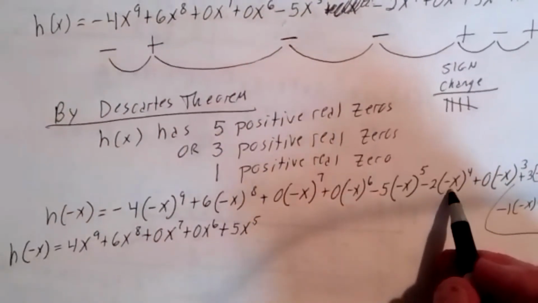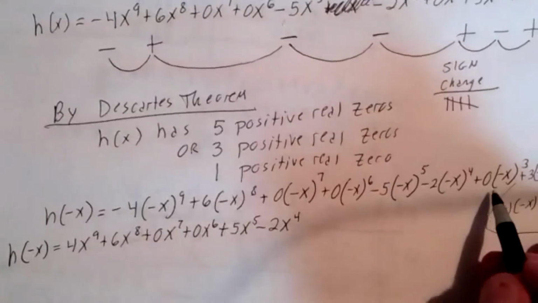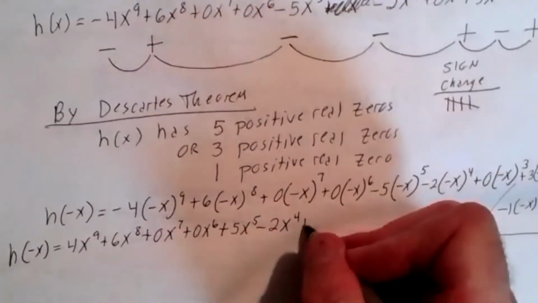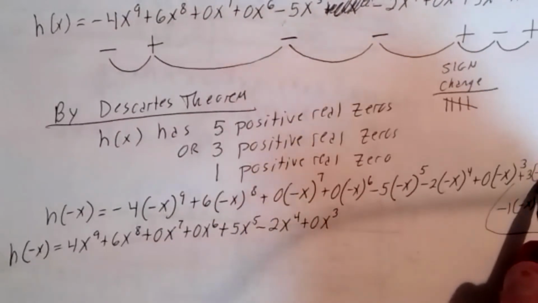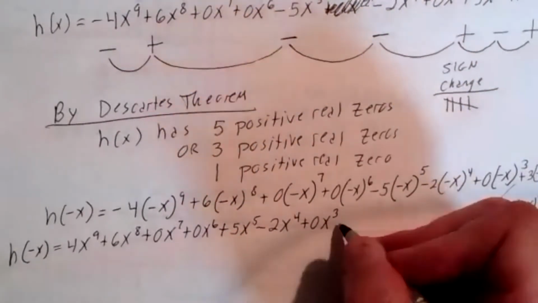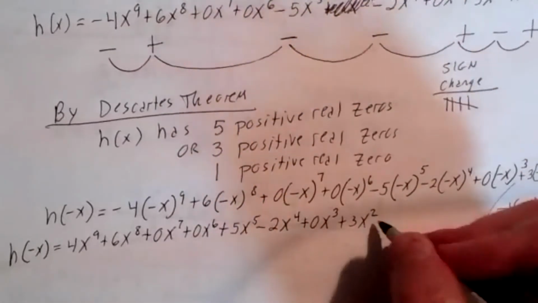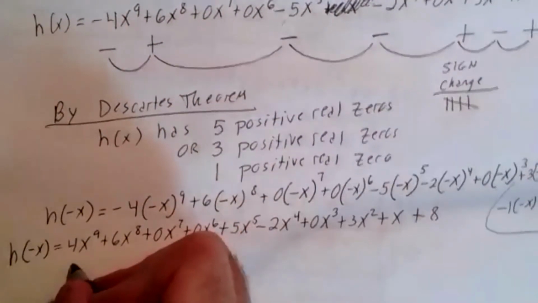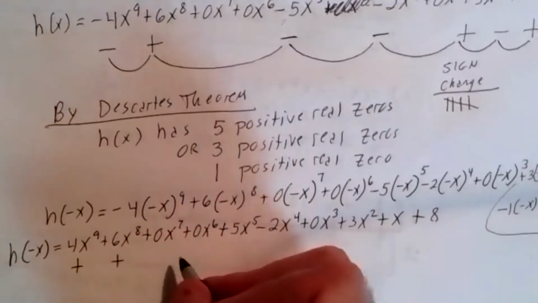This is going to be x to the 4th times negative 2, which is negative 2x to the 4th. This is going to be negative x cubed. We don't care because times 0, it's still 0. 0x cubed. This is going to be negative x squared, which is x squared times 3, which is plus 3x squared. Negative x times negative 1 is plus x. And then we got the plus 8. All right, so we count these sign changes. This is a positive, positive.